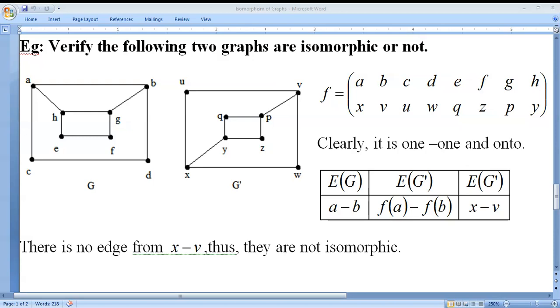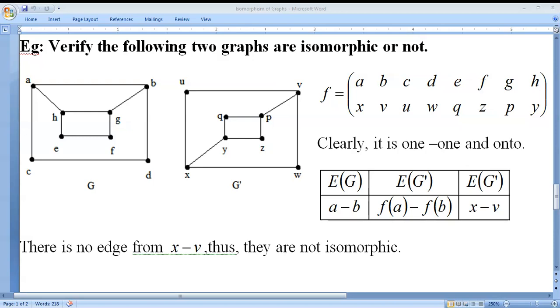So A, X, V, all three have three edges. I have mapped A to X, but there is another alternative also, you can map A to V also.